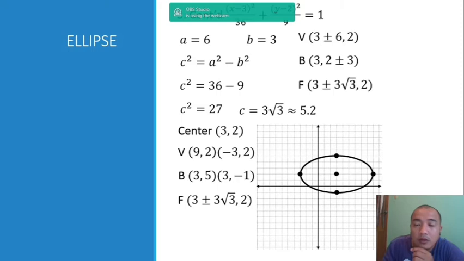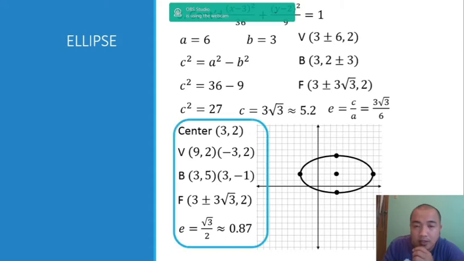So, yun. 3 plus and minus 3 square root of 3, 2 are the coordinates of the foci. And, of course, C over A is 0.87. 3 square root of 3 over 6 or square root of 3 over 2 is 0.87. Ayun. That's for case 1.